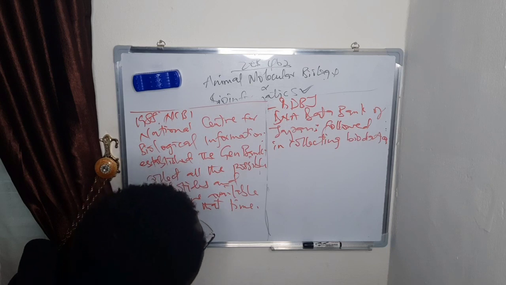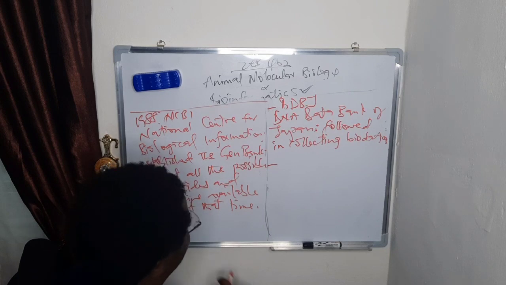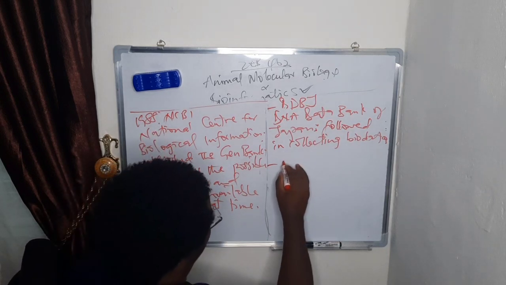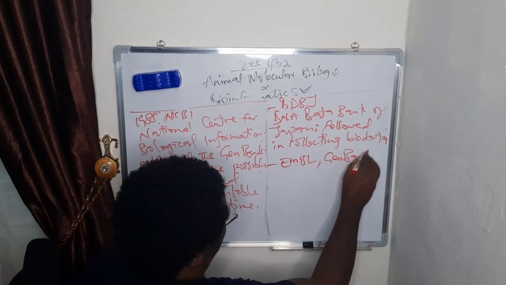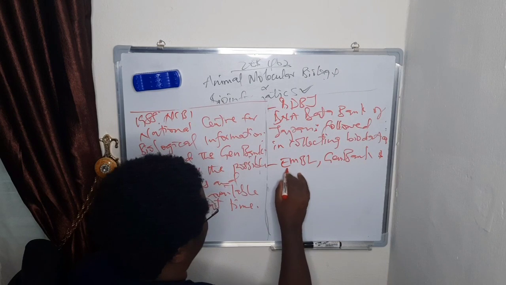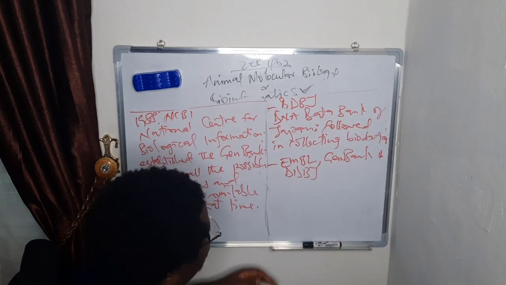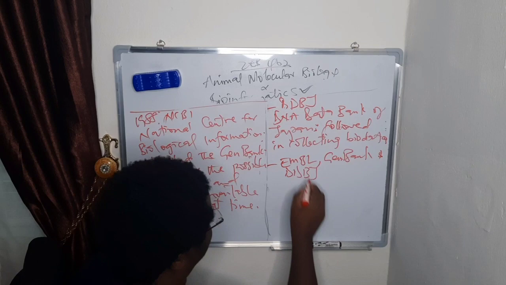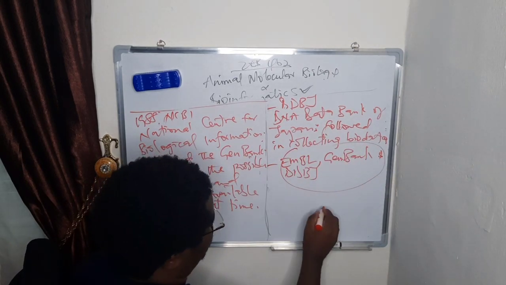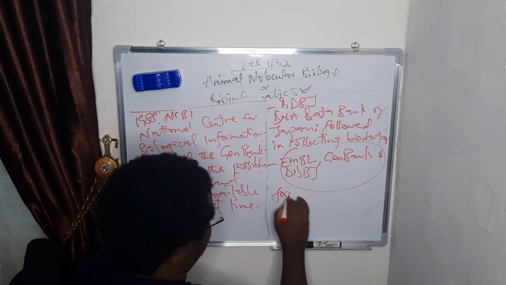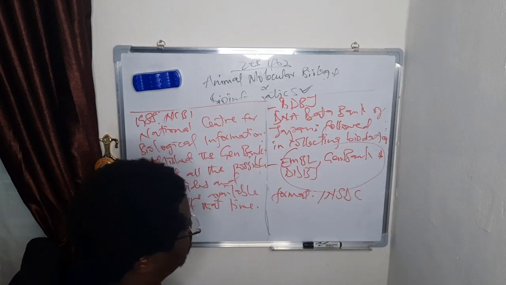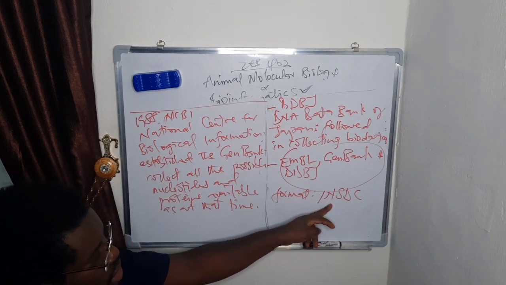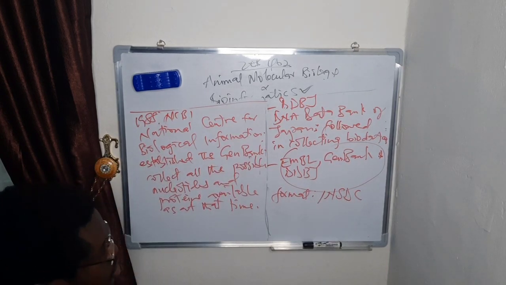Now having all of this, by the same year, the EMBL, the GenBank, and the DDBJ all came together and decided to be using a single format known as the INSDC, the International Nucleotide Sequence Data Collaboration.